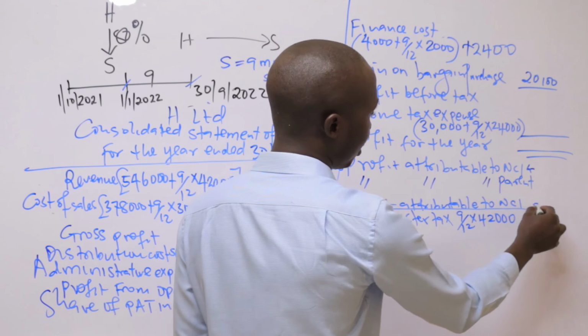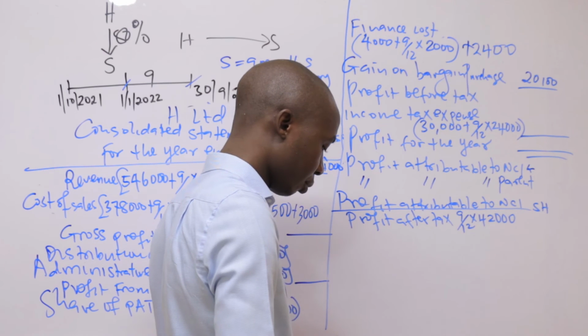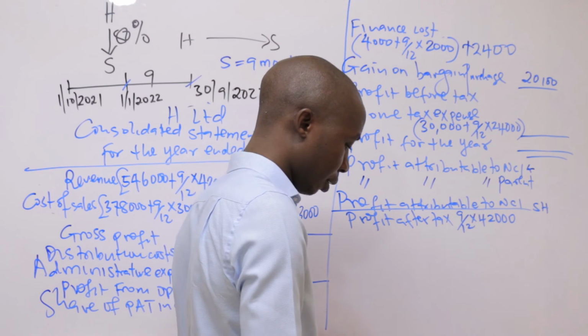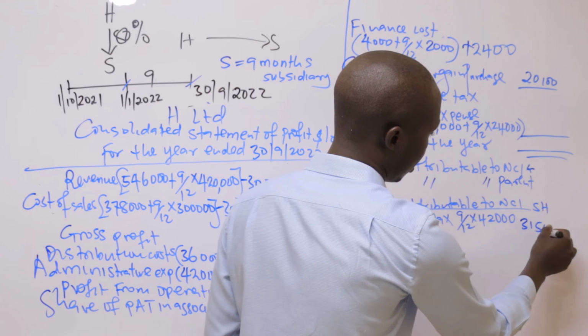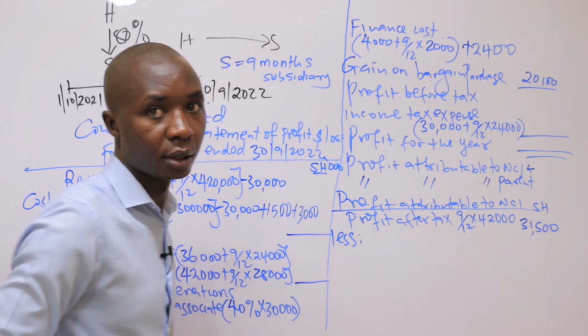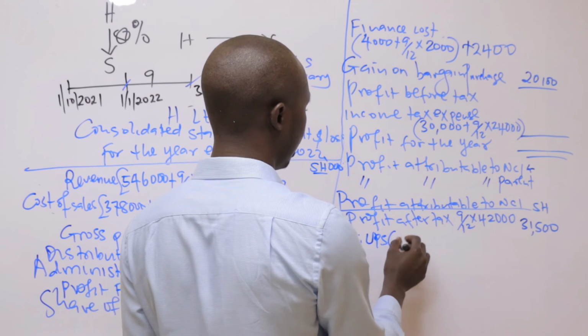9 over 12 times 42,000 is 31,500. This profit must be adjusted by considering if there is unrealized profit on sales upstream.